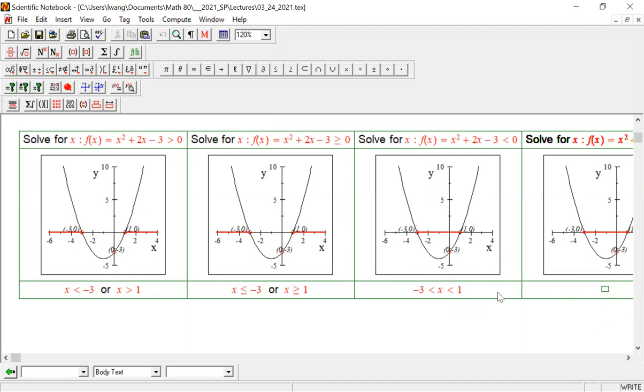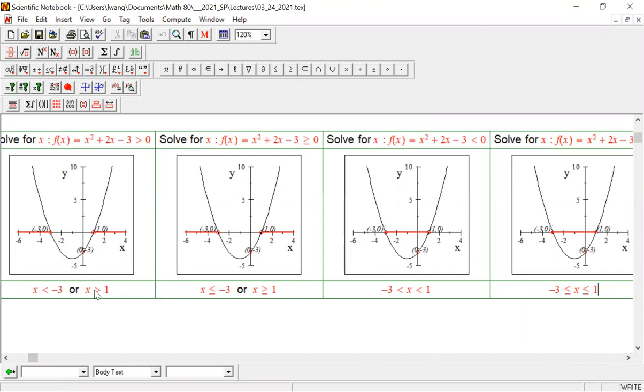And this other case will be -3 less than or equal to x less than or equal to 1. So these are the 4 cases in comparison. And you can see the idea is very consistent, right? You just recognize this is the positive piece, that they're all the same picture.